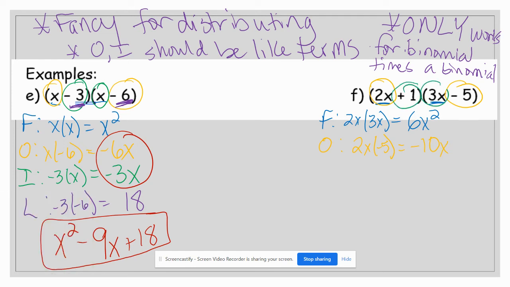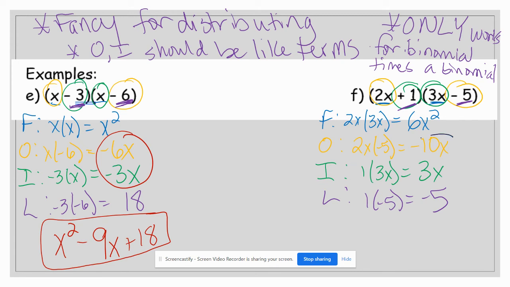Our inside terms are 1 and 3. So 1 times 3x, 1 times 3 is 3 with that x. And then our last terms are 1 and -5. So 1 times -5 is -5.